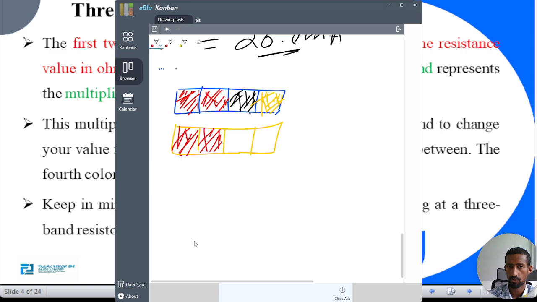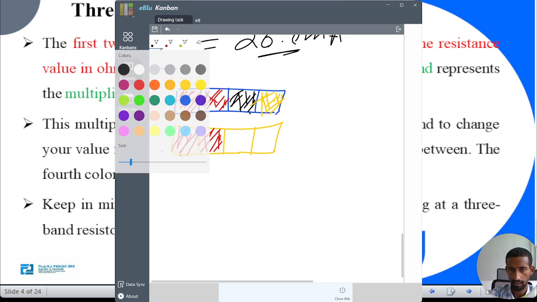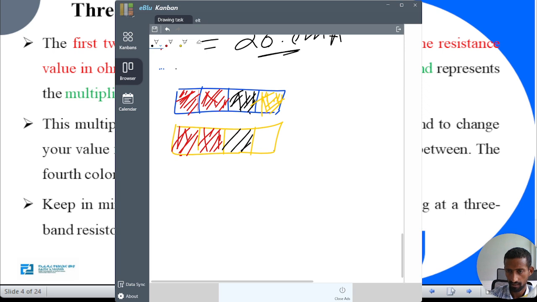The third one is your multiplier, and if it is black, this indicates your multiplier. The last one indicates the tolerance.